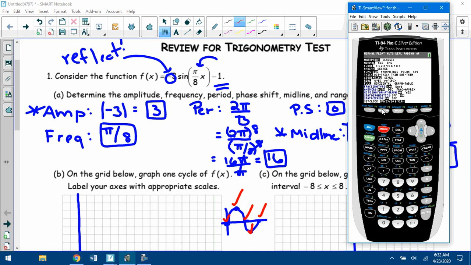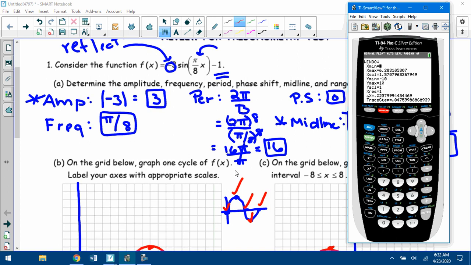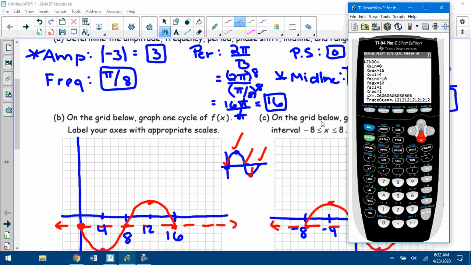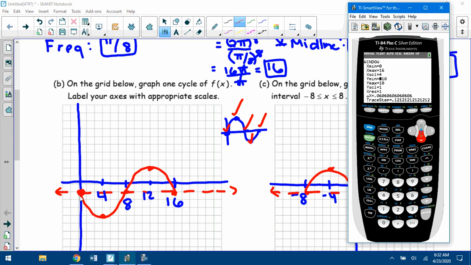When I look at my window, if I'm checking this one, I'm going from 0 to 16. Can you make our scales this, well, what am I going by? By 4s. And then I'm going down to 1, 2, 3, 4, down to -4, and up to 2. And if you hit graph, you should see one cycle if you've set it up to show you one cycle.